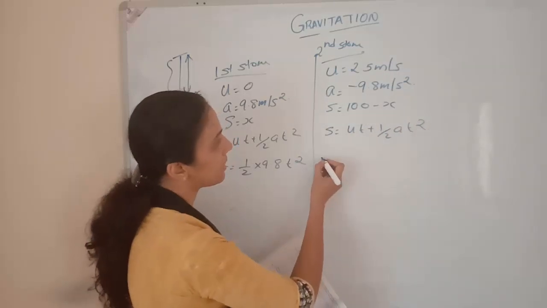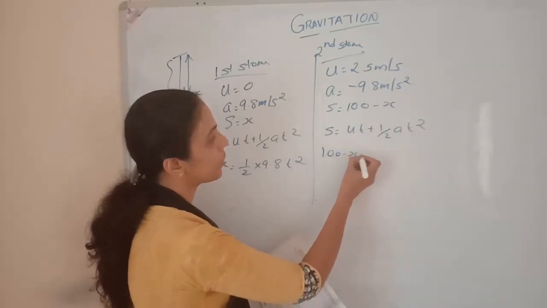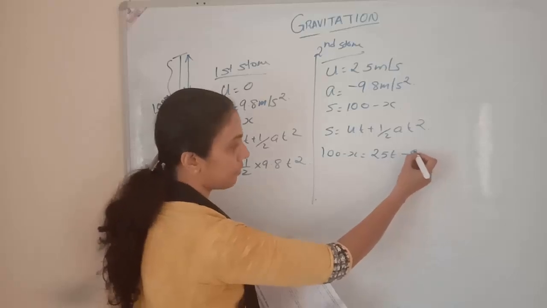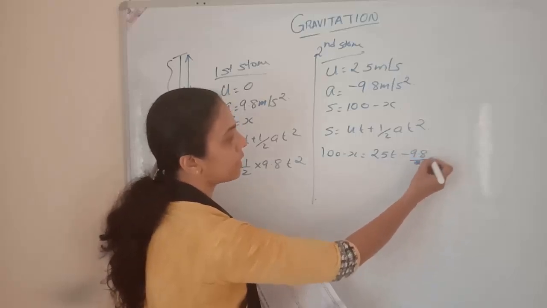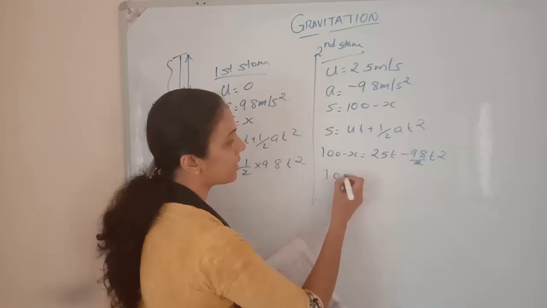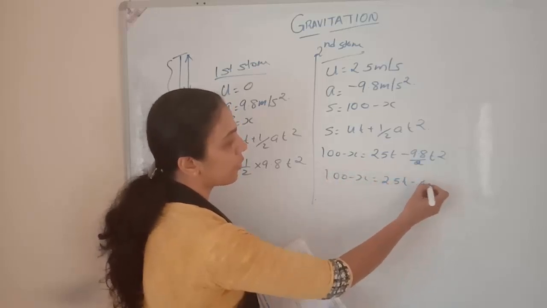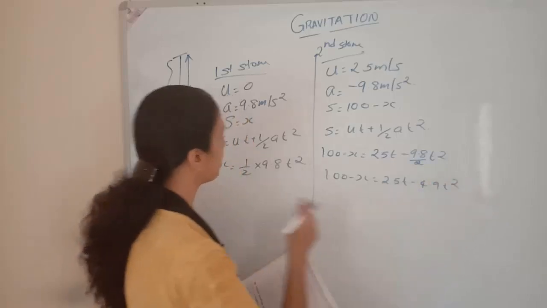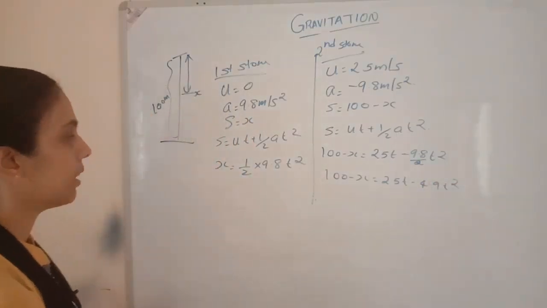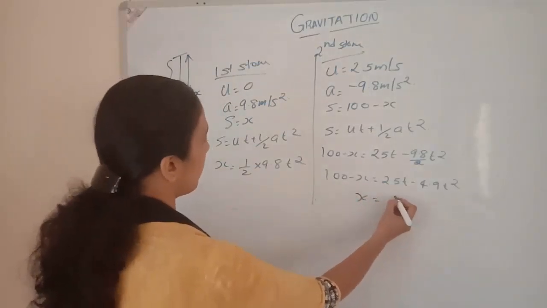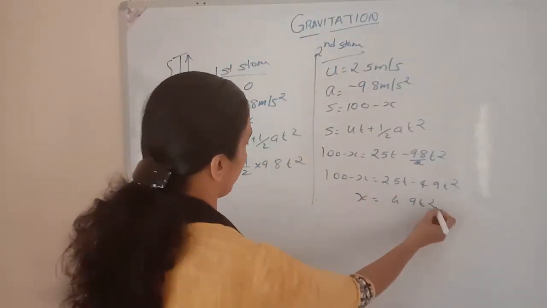So 100 minus x equals 25t minus 9.8 divided by 2 t square. So 100 minus x equals 25t minus 4.9 t square. Here x equals 4.9 t square.